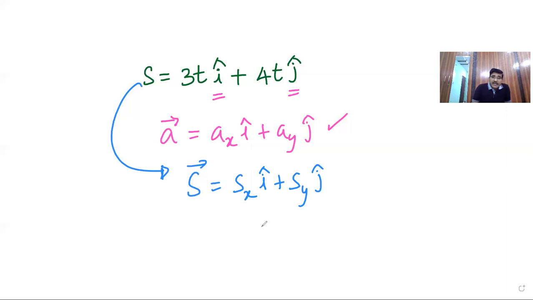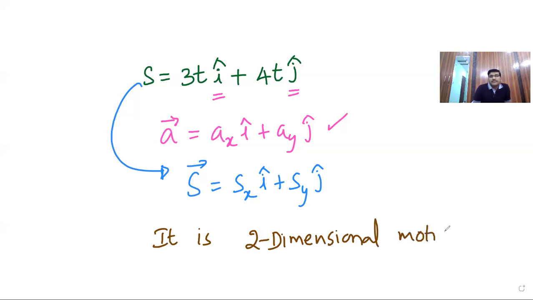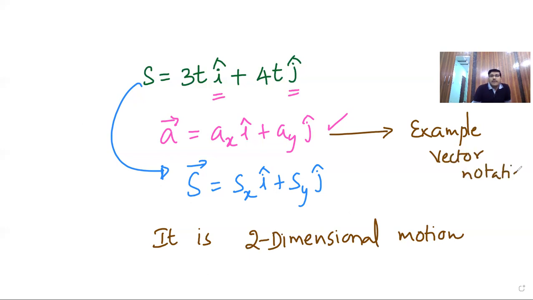Clear? Clearly, it is in the xy plane. That means it is a two-dimensional motion. Given is a two-dimensional motion. This is an example of the vector notation I have given.